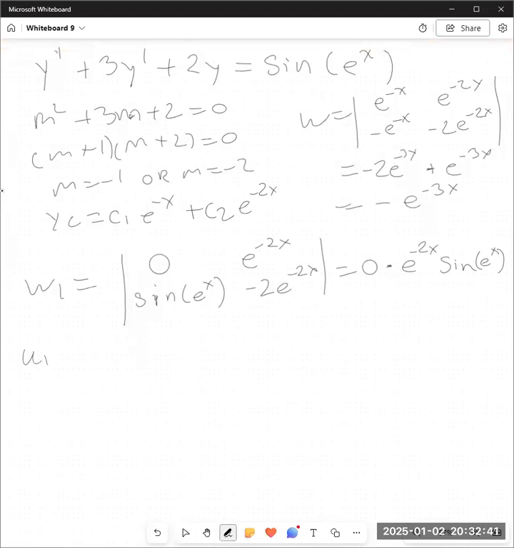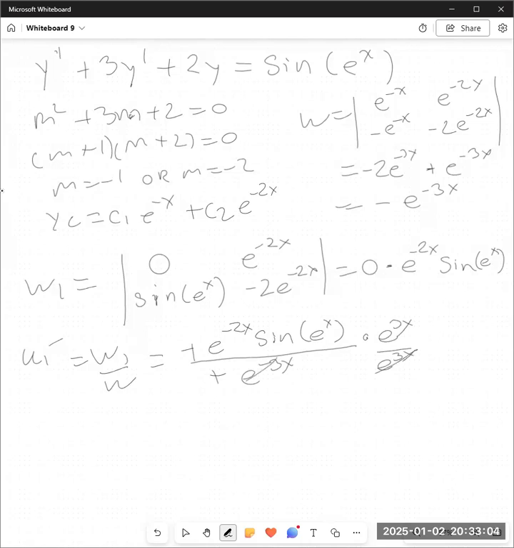That gives us u1 prime equals W1 over W, which is negative e to the negative 2x sine of e to the x over negative e to the negative 3x. Negative negative will cancel. Multiply by e to the 3x top and bottom to get rid of this. So u1 prime is equal to e to the x sine of e to the x.